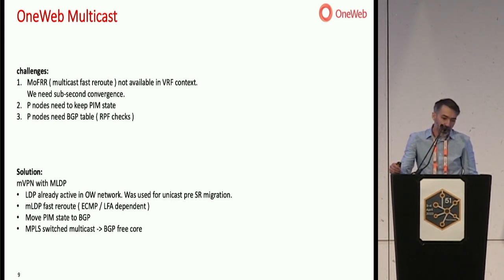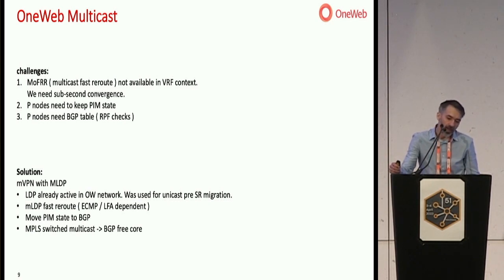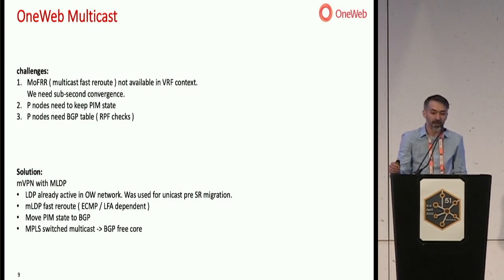What we ended up with after looking at the options was mVPN. And for the transport, we use MLDP. The reason we use MLDP is it was already active in the network. We had LDP for unicast traffic, and then once we migrated to segment routing, LDP was there. It was easy to flip a switch and enable the multicast extensions.